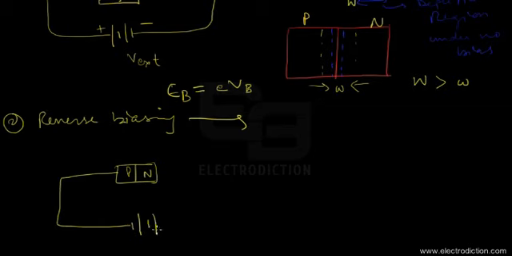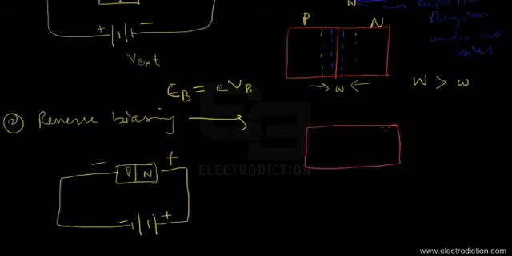That is, the anode of the diode is connected to the battery's negative terminal, while the cathode of the diode is connected to the battery's positive terminal. As a result, the anode of the diode has a negative voltage and the cathode of the diode has a positive voltage. Under this condition, the depletion region width in a P-N junction diode increases.